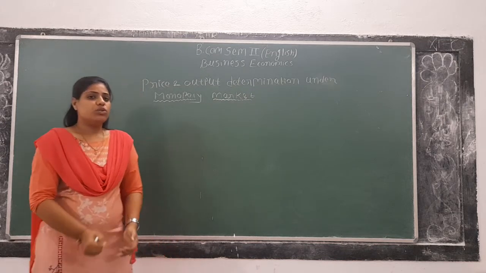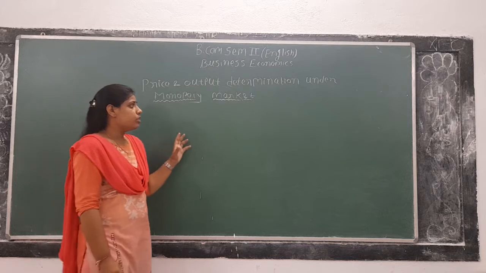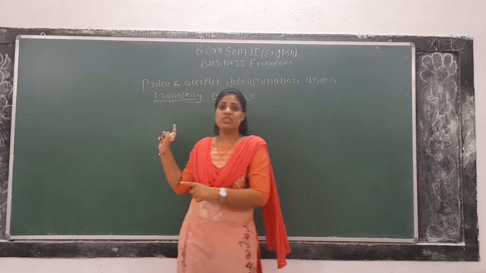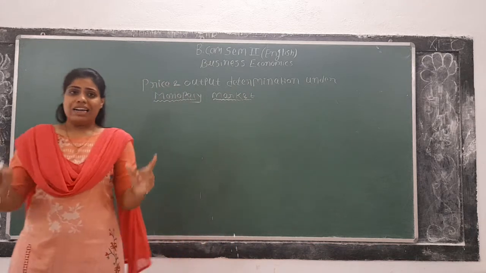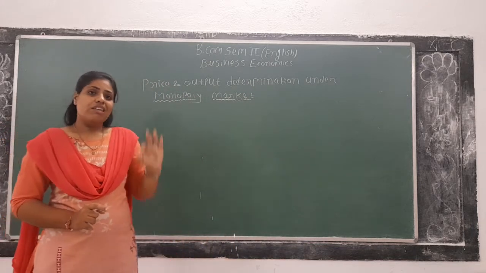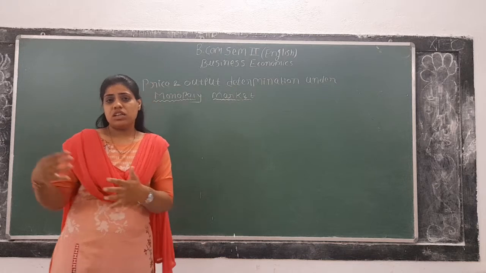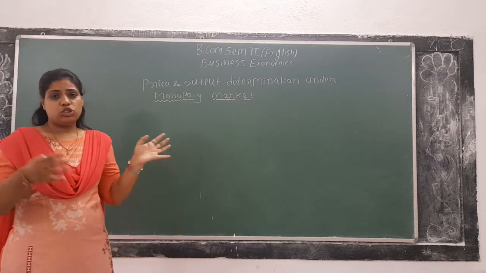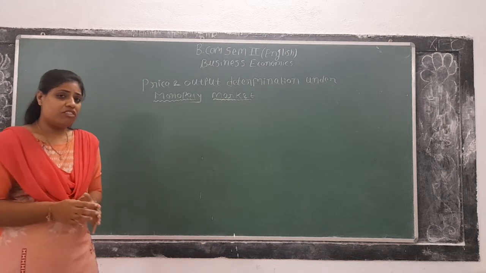In today's lecture, we are going to see the price and output determination under the monopoly market, and here we are going to see the different conditions that a monopoly firm faces in the short as well as the long run. So basically, we are going to see the long run equilibrium as well as the short run equilibrium of a monopoly firm.